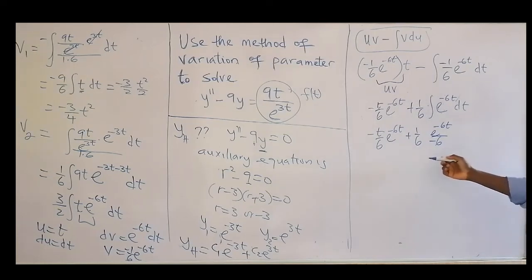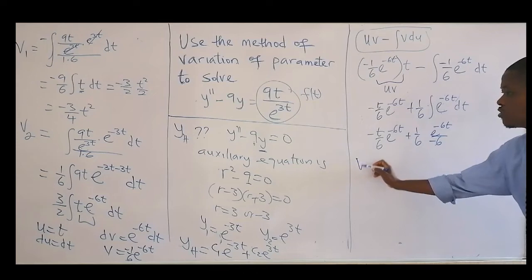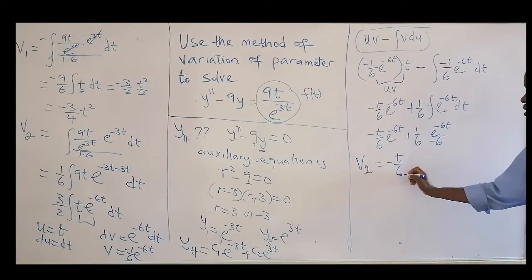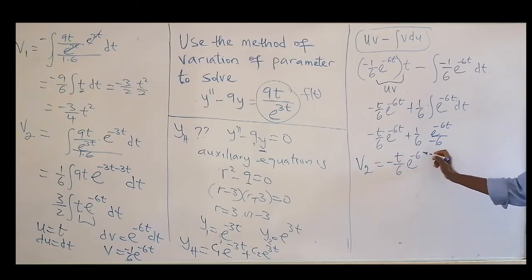So then we can do the final. So v2 is equal to minus t over 6 e^{-6t}. Then 1 over 6 times 6 times 6, so that's the plus times minus, that's minus, and that's 1 over 36 e^{-6t}. So that's the v2.